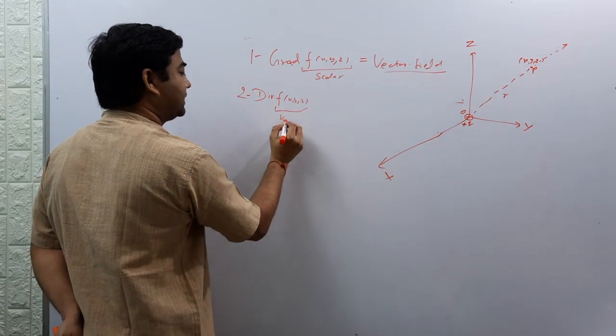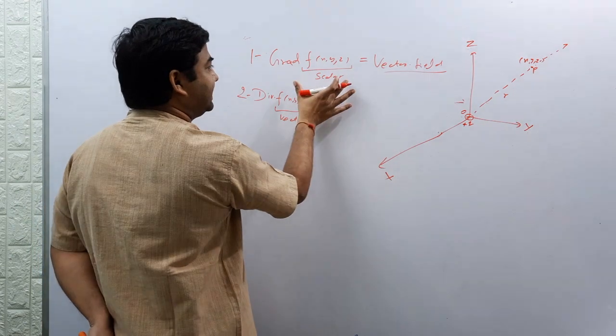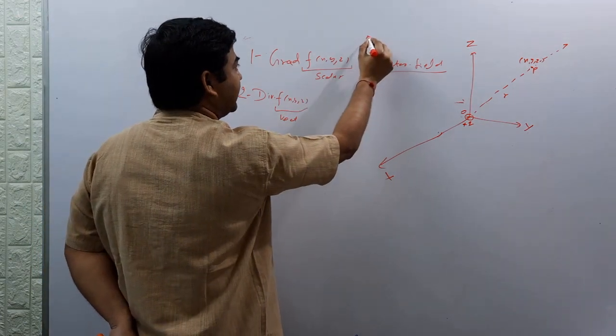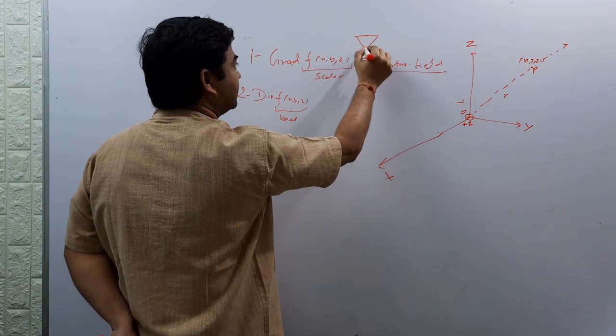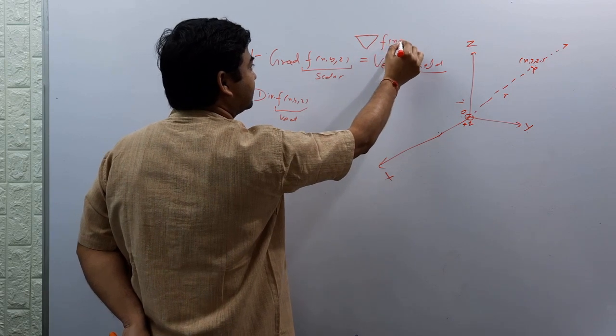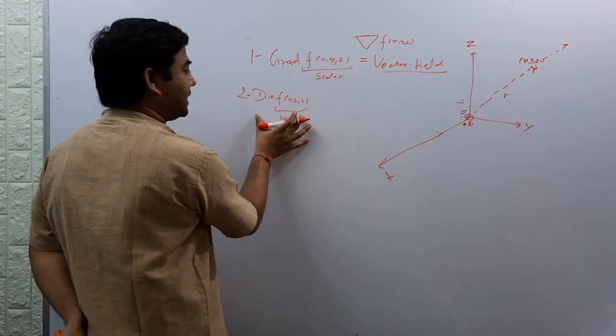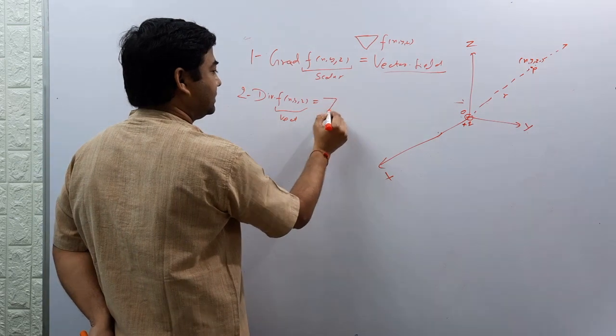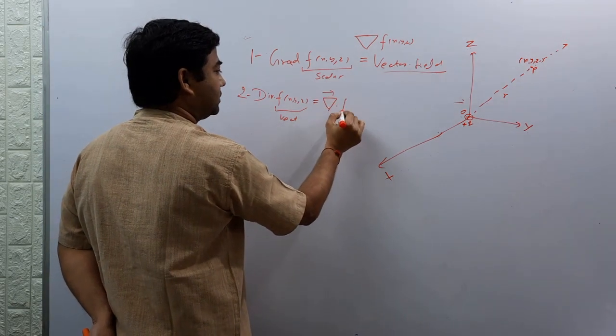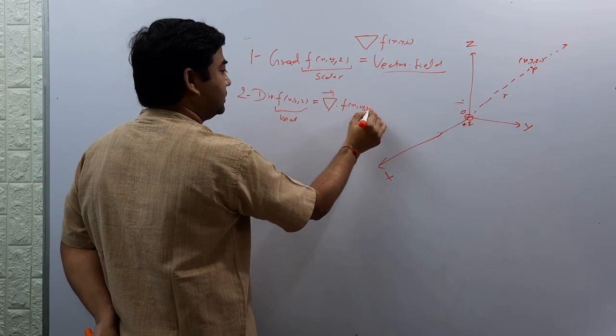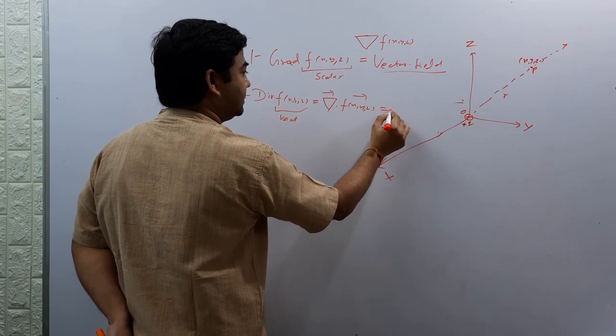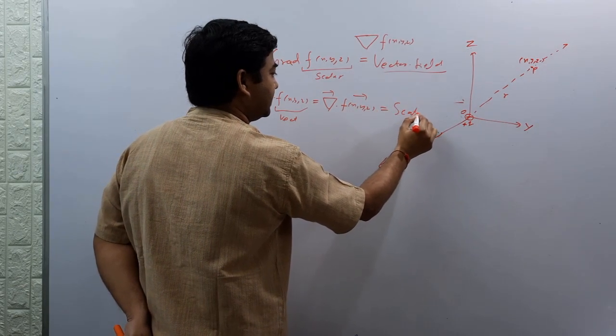Here this function is a vector. This grad is also written as del f(x, y, z). Divergence of function is written as del dot this vector function, and this is a scalar quantity.